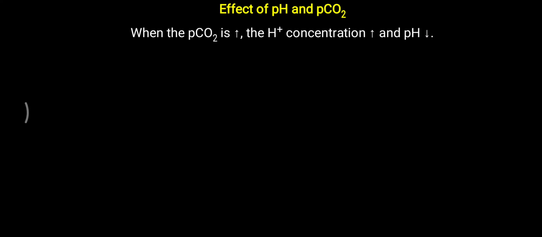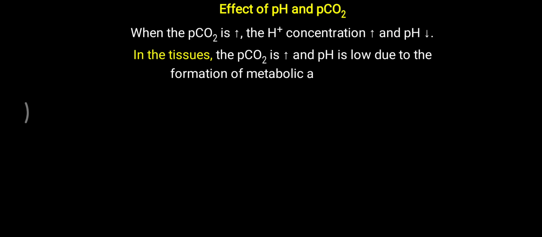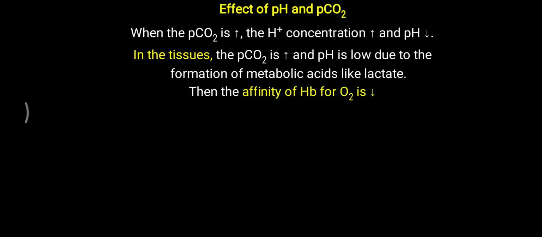H plus increase means acidity is increased, so pH will be decreased, at the acidic side. So at the tissue level, what happens, there is a metabolic reaction, and after the metabolic reaction carbon dioxide is generated, and this carbon dioxide will increase, so that partial pressure of carbon dioxide will be increased, so that will lead to the decrease in the pH or acidity will be increased, and that is due to the metabolic reaction and like formation of the lactate and other important metabolites.